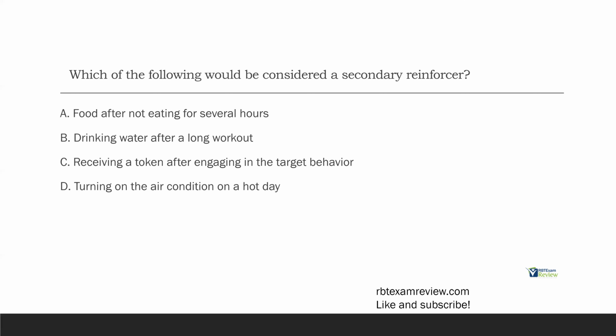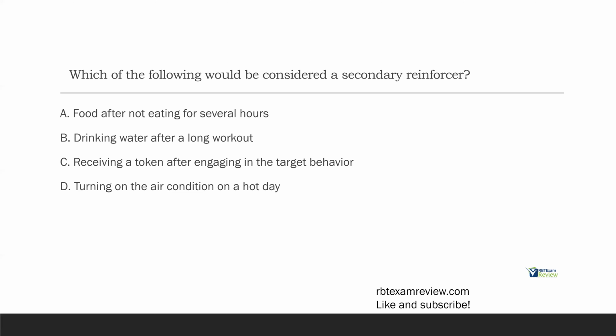And then D, turning on the air conditioner on a hot day. Now, careful here, right? Yes, the air conditioner might seem like the reinforcer, but it is not actually the reinforcer. The air conditioner is the means to the reinforcer, which is comfort. It's cooling yourself down. And comfort, seeking cool when we're hot and seeking warmth when we're cold, are considered unlearned behaviors.